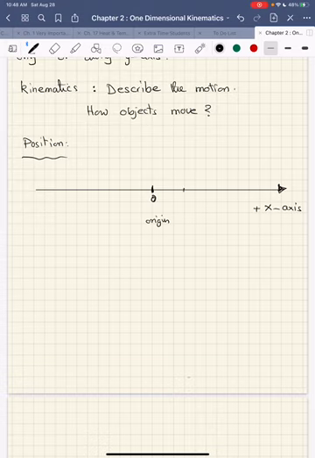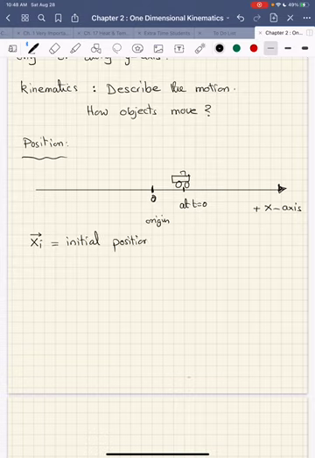Now let's assume here I have my car, and this was at t equals 0. Then I will say x_i, with a vector notation because it has a direction, is the initial position.